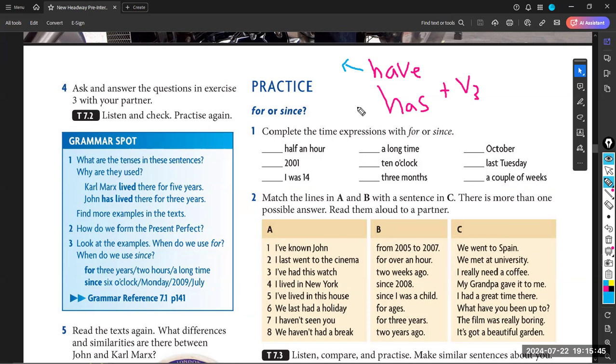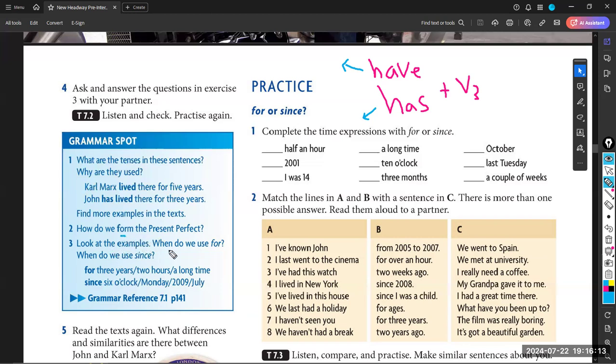For example, if I want to say my friends have lived here or has lived here? Have. What if I want to say my friend has lived? Has lived, please. Have for plural and has for singular noun. I'm talking now about nouns. Please be careful. So this is the formation of the present perfect.